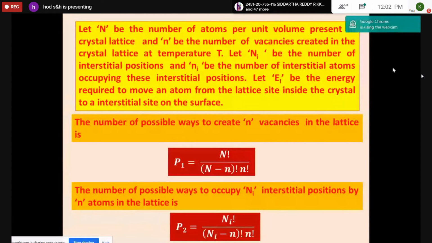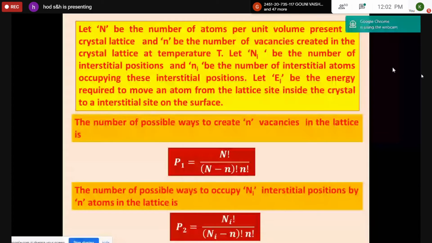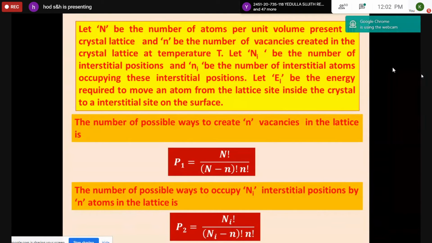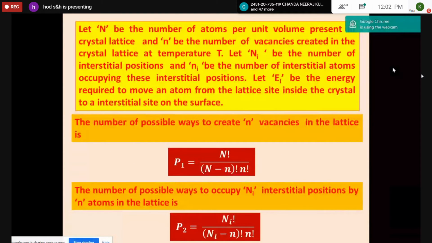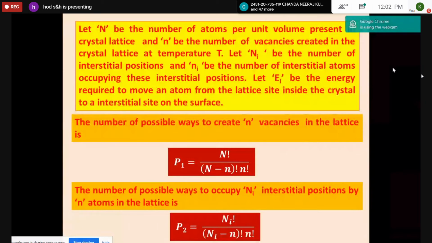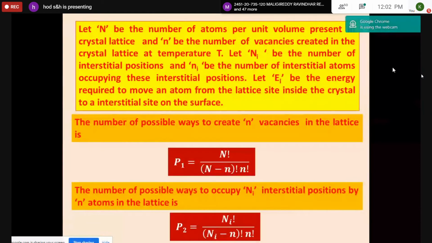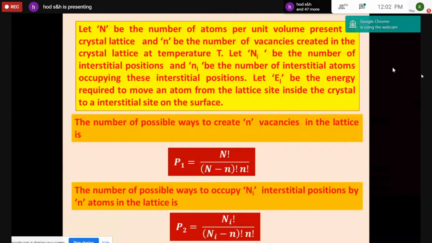And Ei is the energy required to move an ion from its regular position to the interstitial site. So for one ion it is represented by Ei. For n ions, it is n into Ei. So in this way, you should take this problem. Here it is a combination of two things: the creation of a vacancy and occupying an interstitial position.